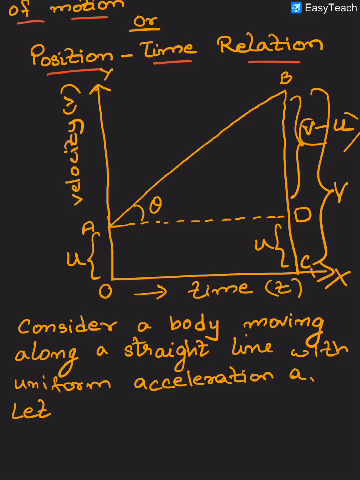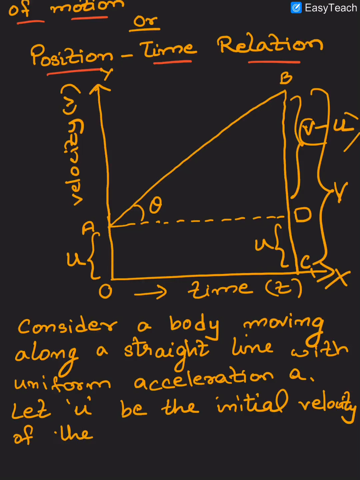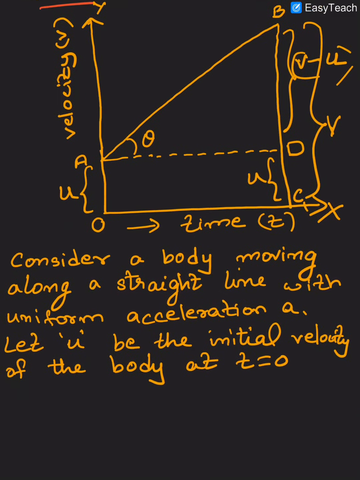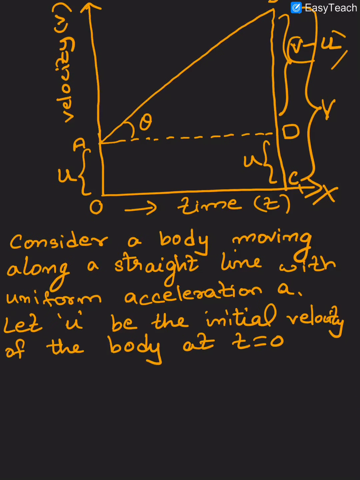Let u be the initial velocity of the body at t equal to 0. So when time is 0, the initial velocity is u.